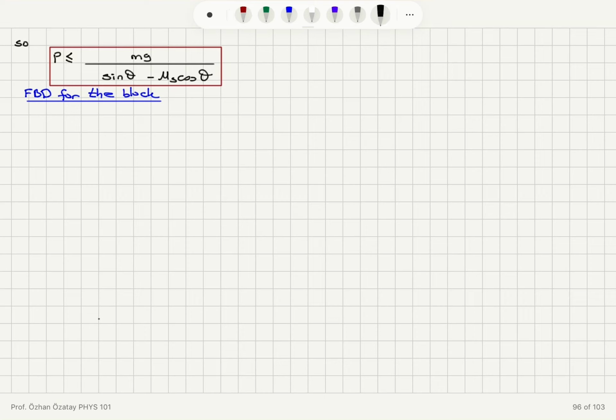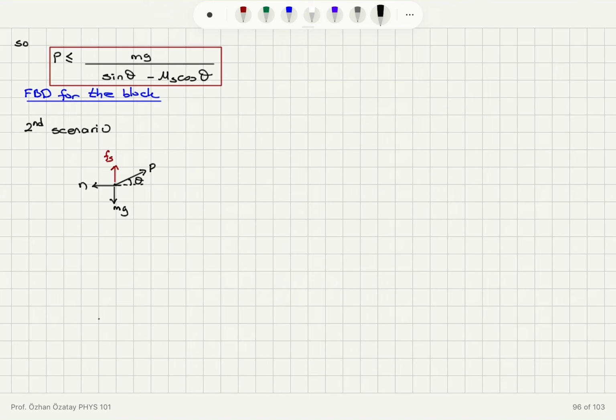The friction force is pointing up and the weight mg is pointing down. I have the force P making an angle theta with the horizontal, and there is the normal force N pointing perpendicular to the block.